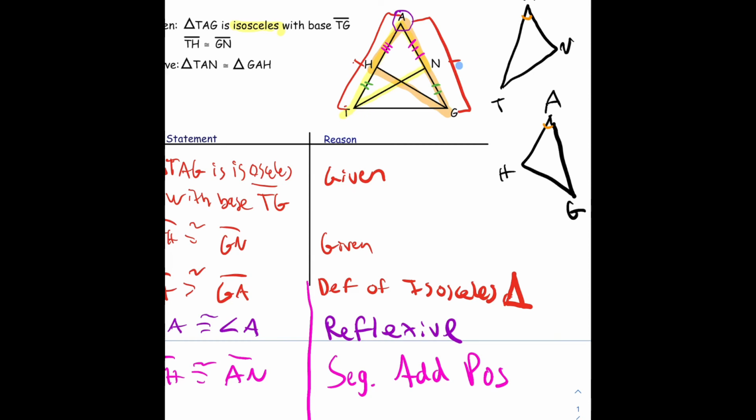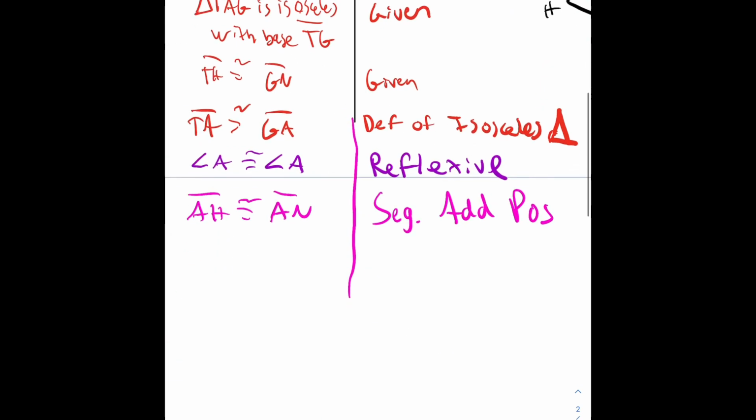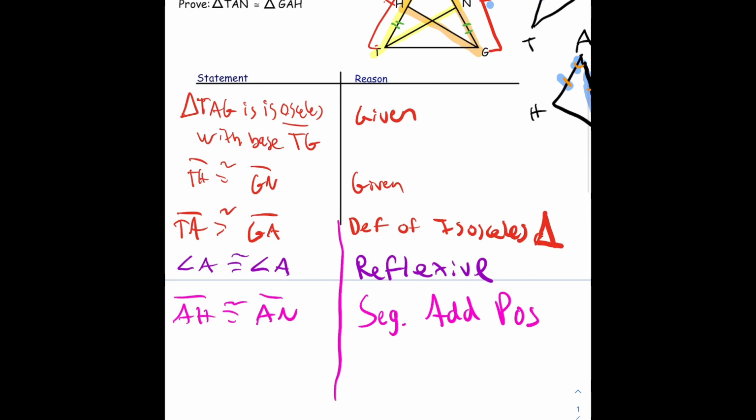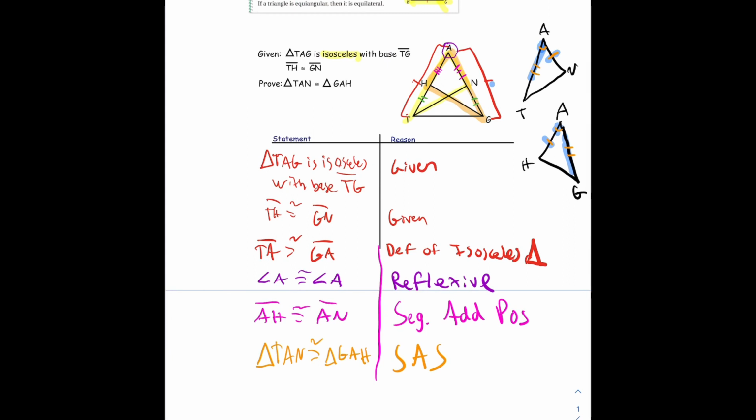We said that this side is congruent to this side. And then we said that these sides were congruent to each other. So what do I have here? I have side, angle, side. So I can say that triangle TAN is congruent to triangle GAH by the side angle side property.